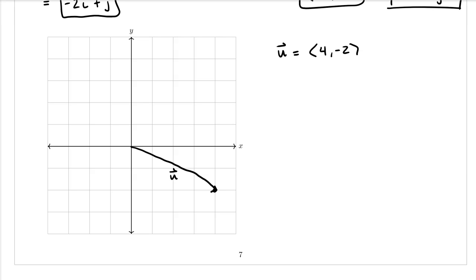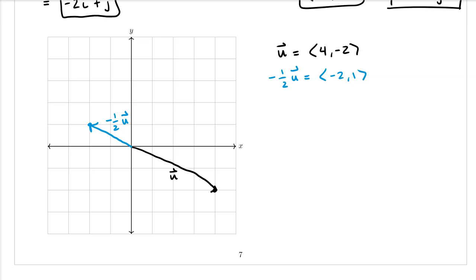And then because we're scaling it down by 1/2, we said earlier that this was equal to <-2, 1>. So that would be right here. And so our new vector would look something like that. So this is -1/2 vector u.